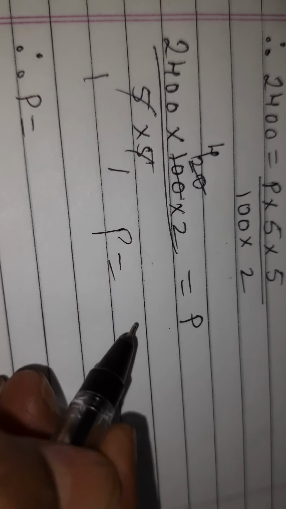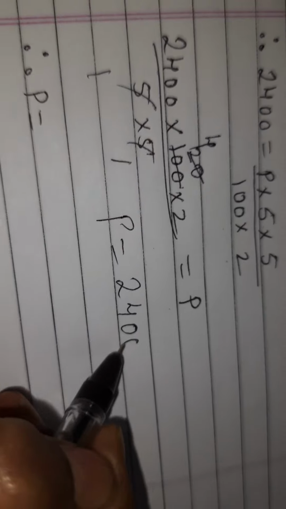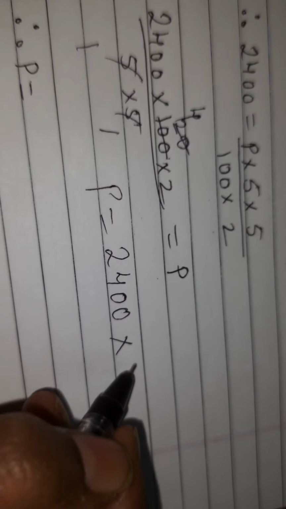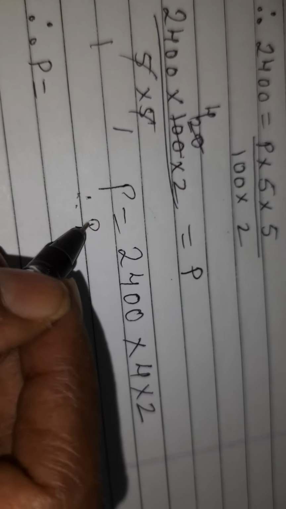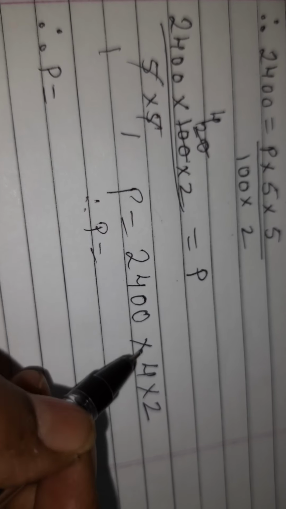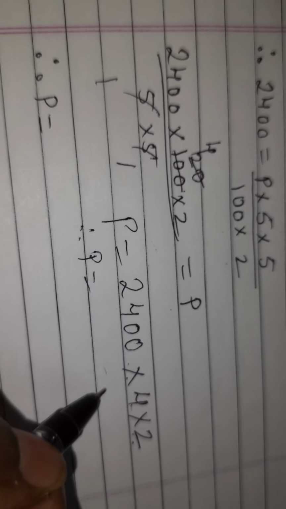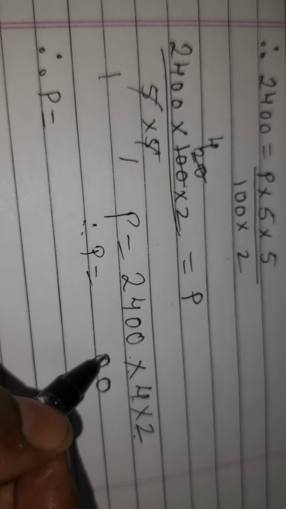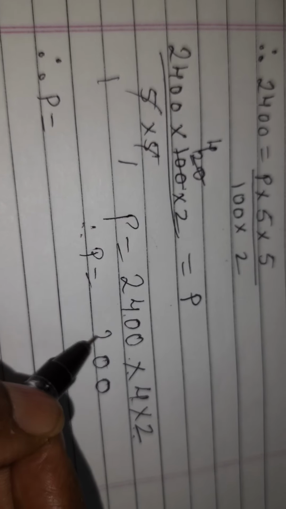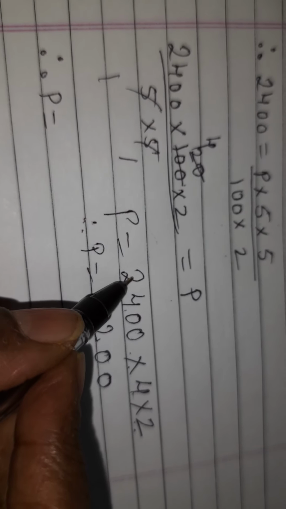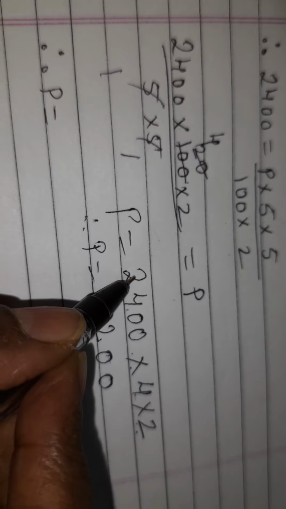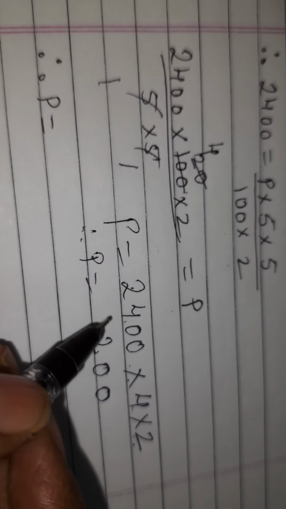So therefore P is equal to 2400 into 4 into 2. That means 4 twos are 8, 8 zeros are 0, 8 zeros are 0, 8 fours are 32, 2, 3 carried over. 8 twos are 16, 16 plus 3 is 19, children.